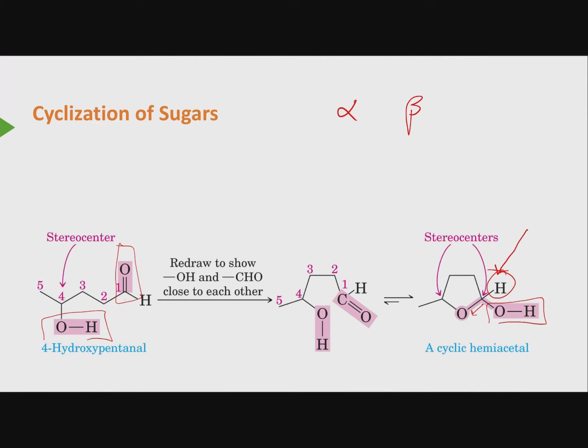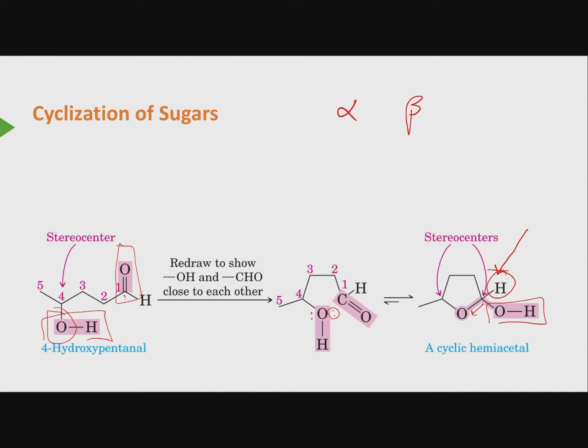Okay, but hemiacetal is what we form with the cyclization of a sugar, and you can see here that it's the carbon number 4 that's going to attack the carbonyl carbon here. I'm sorry, the oxygen on the carbon number 4. The ring sort of folds over so they can get close together.